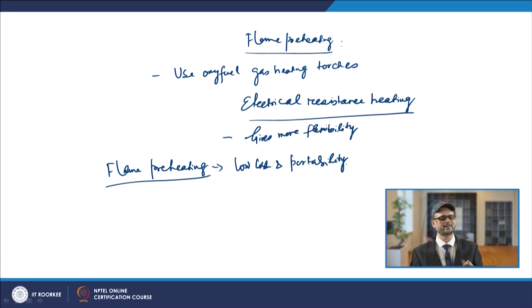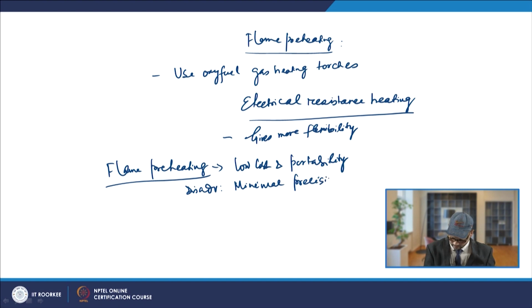So, these are the advantages of flame preheating if it is done with the flame, whereas there will be certain drawbacks. The disadvantage in that case is that you have minimal precision, and you also have poor repeatability.